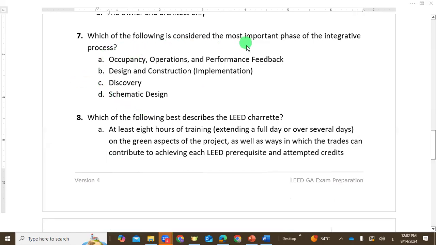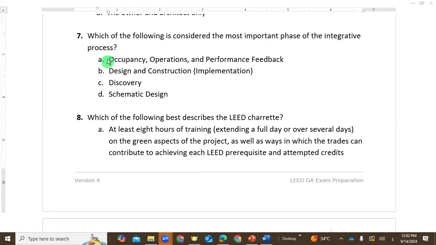Okay. Number 6. Which of the following is considered the most important phase of integrative process? This one, I need all your opinions, all of you. I will open the chat box. What is the most important of the 3 phases of integrative process? We have discovery phase, we have design and construction, we have occupancy. These are the 3 phases. I already told you.